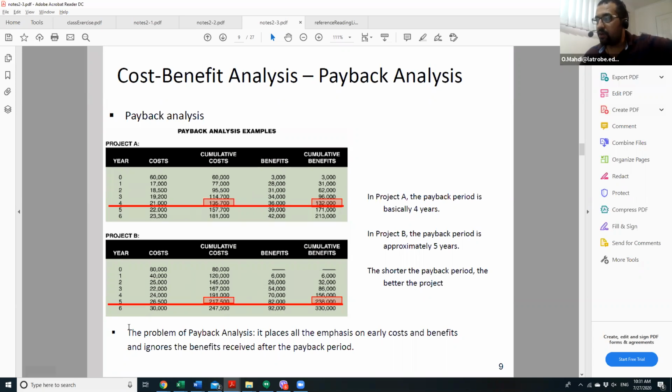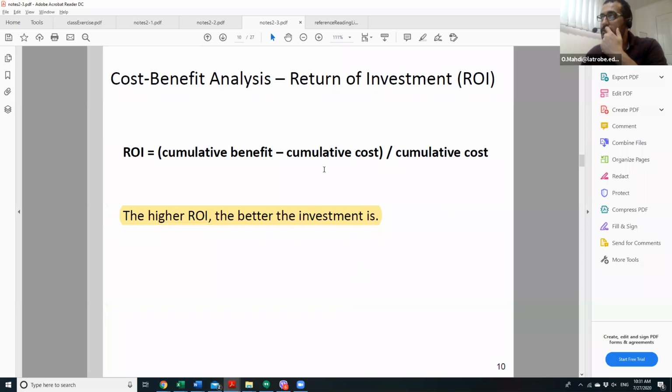Now let's move on. The problem with payback analysis is that it places all the emphasis on early costs and benefits, and ignores the benefits received after the payback period. Because of this problem, we are going to talk about return on investment, or ROI.